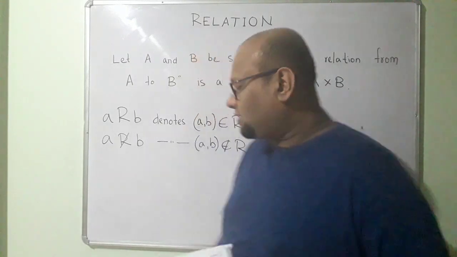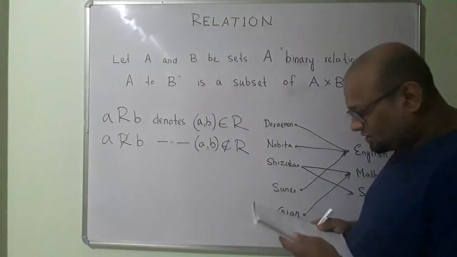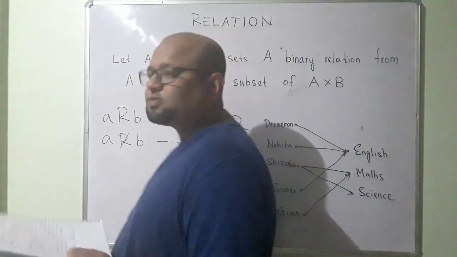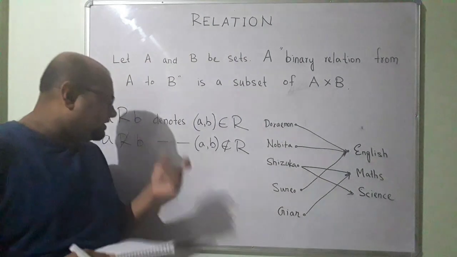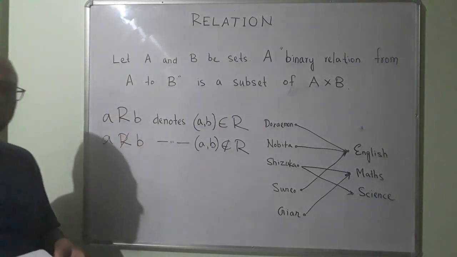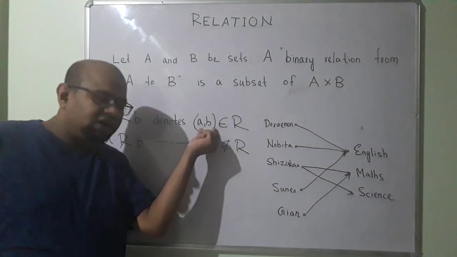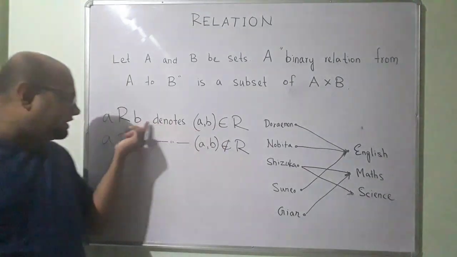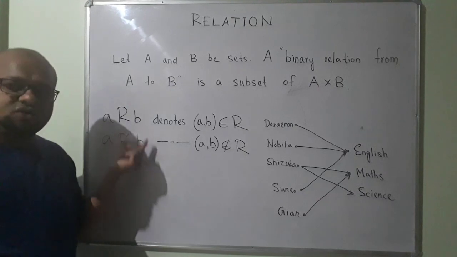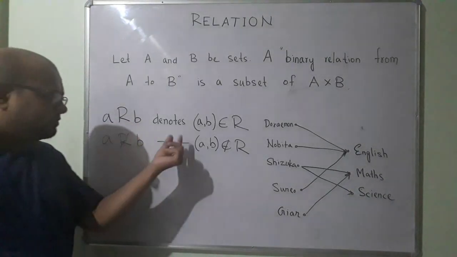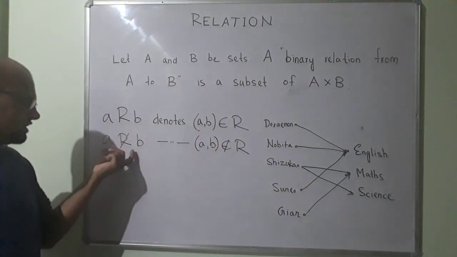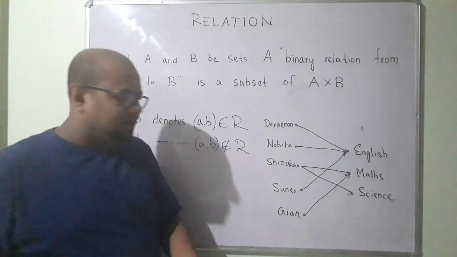These are the notations that we use to denote whether an ordered pair is in the relation or not. This would indicate that (a, b) is in the relation. This would indicate that (a, b) is not in the relation.